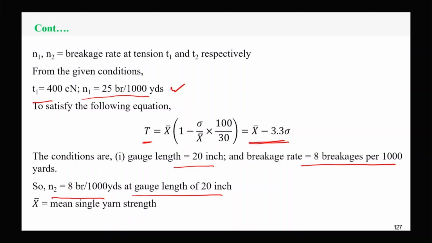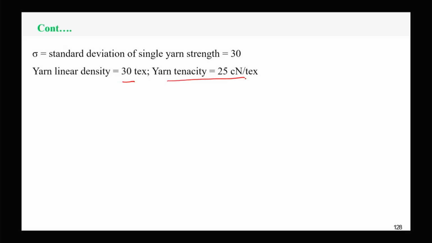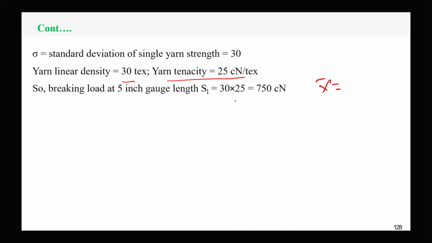X bar is the mean single yarn strength. The standard deviation is given as 30 and the yarn linear density is 30 tex. So the yarn tenacity is 25 centinewton per tex, and the yarn breaking load X bar will be 750, the static breaking load.